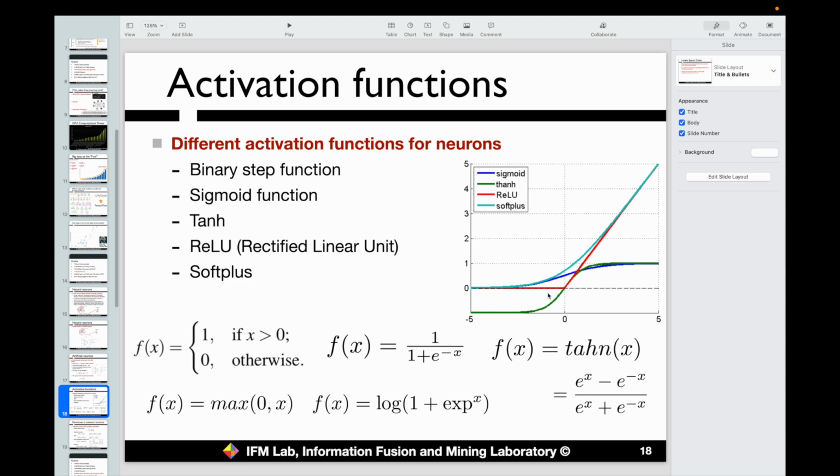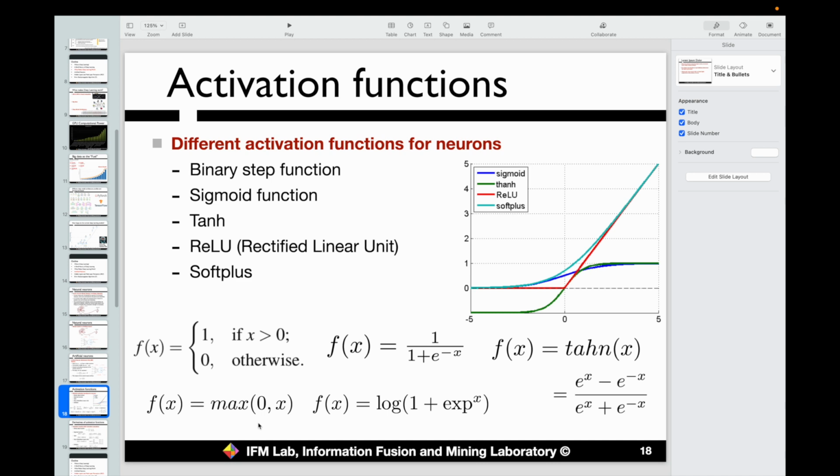We have one flat line here, and then we have y equals x, this line here. So you can see for the ReLU function, it will not be differentiable at x equals 0, this point, right? And for the remaining points, its gradient will be constant. For x less than 0, its gradient will always be 0. And for the input larger than 0, its gradient will always be a constant 1, right?